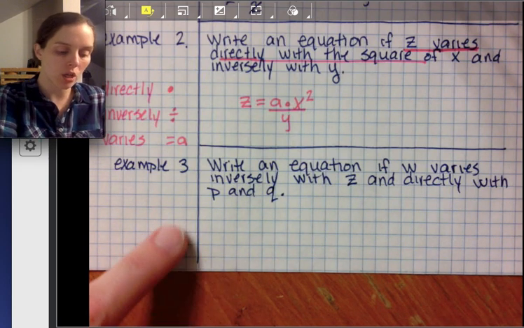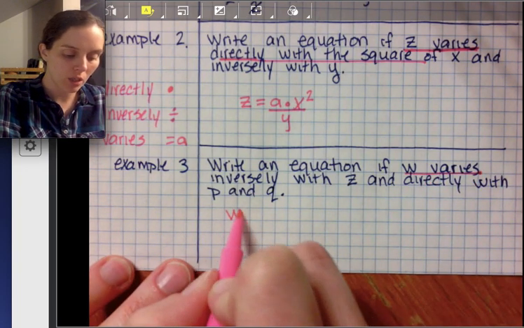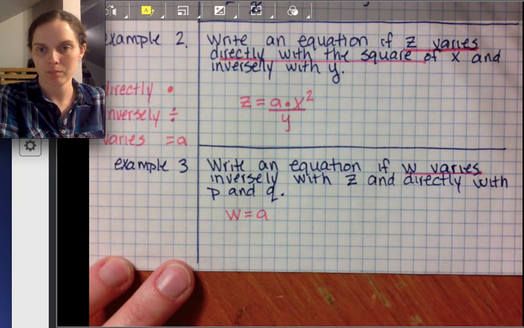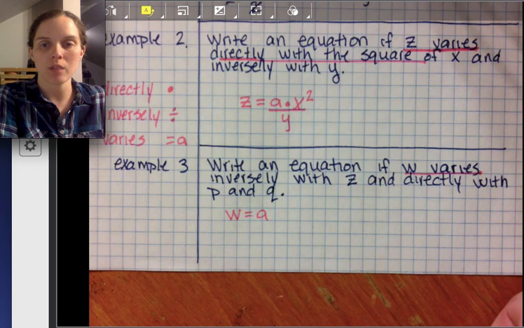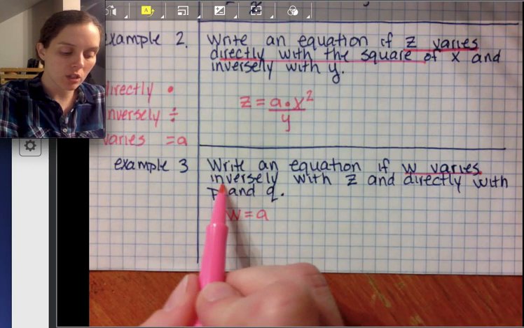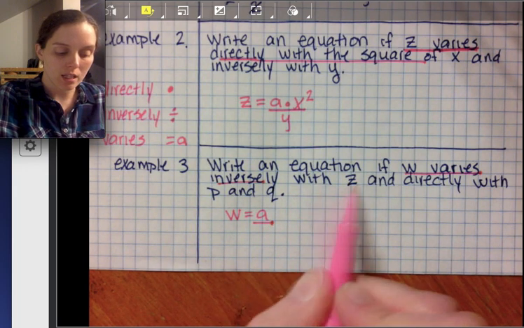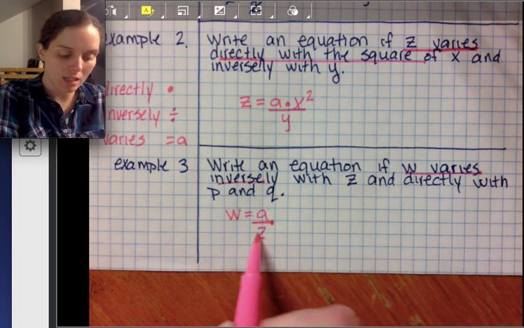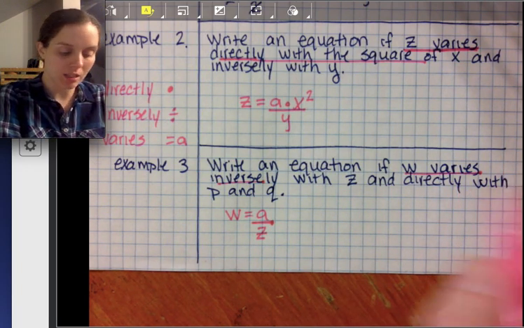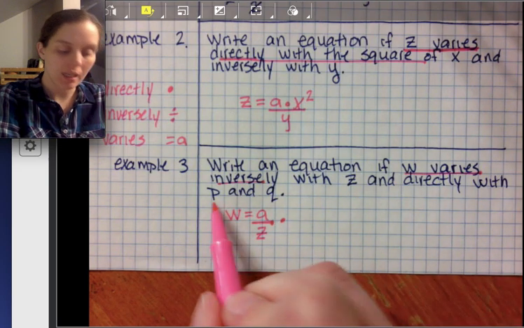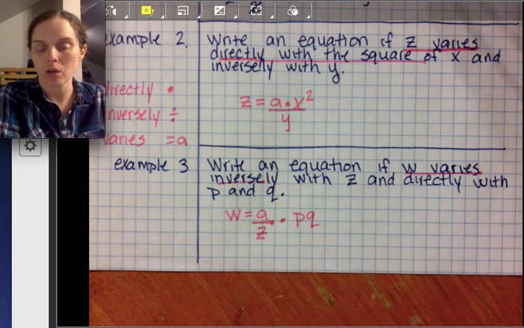We're going to start with W varies. Right there, just stop and write W equals A, because half the time you forget the A, which is the most important thing here. So W varies, W equals A. Inversely signals I need to divide by whatever comes next, with Z, so I'm going to divide by Z. And directly means I'm going to take this times P and Q. P and Q are going to go together.